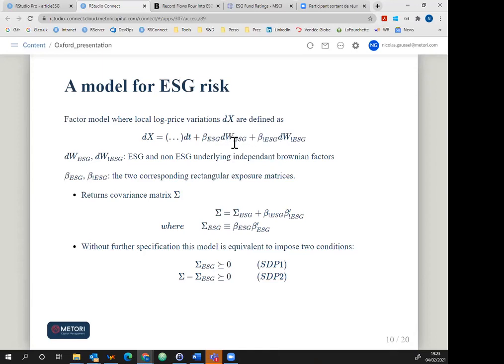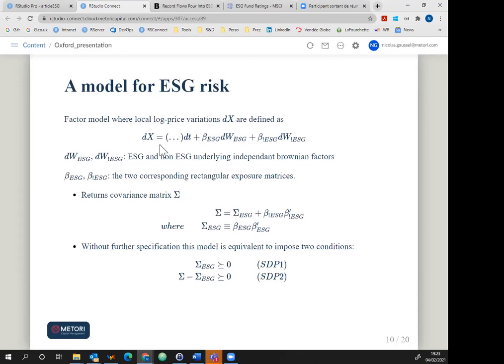Here W_ESG would be the Brownian motion that models ESG risk, and the other one is the Brownian motion that models the non-ESG risk. We suppose that they are independent. And here the betas are the corresponding rectangular exposure matrices that define the exposure on those risks.